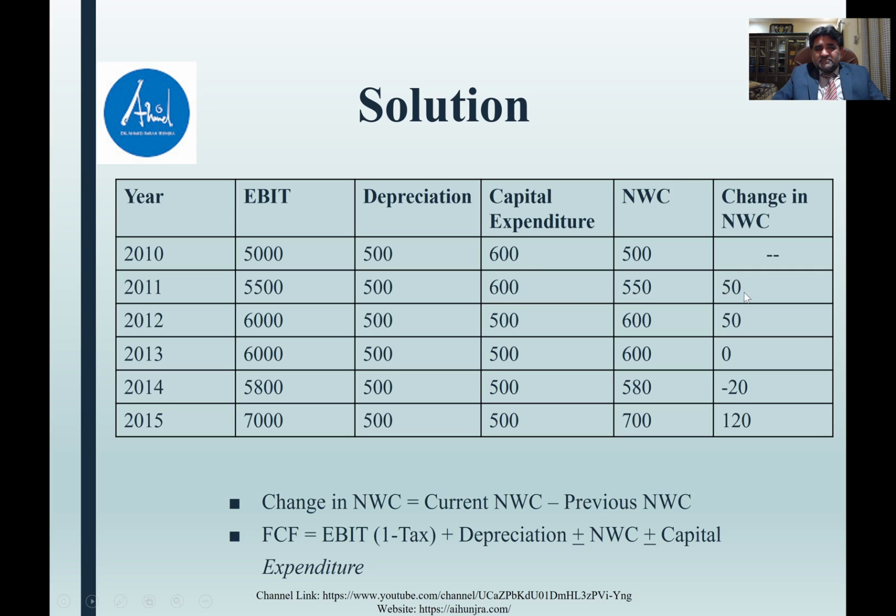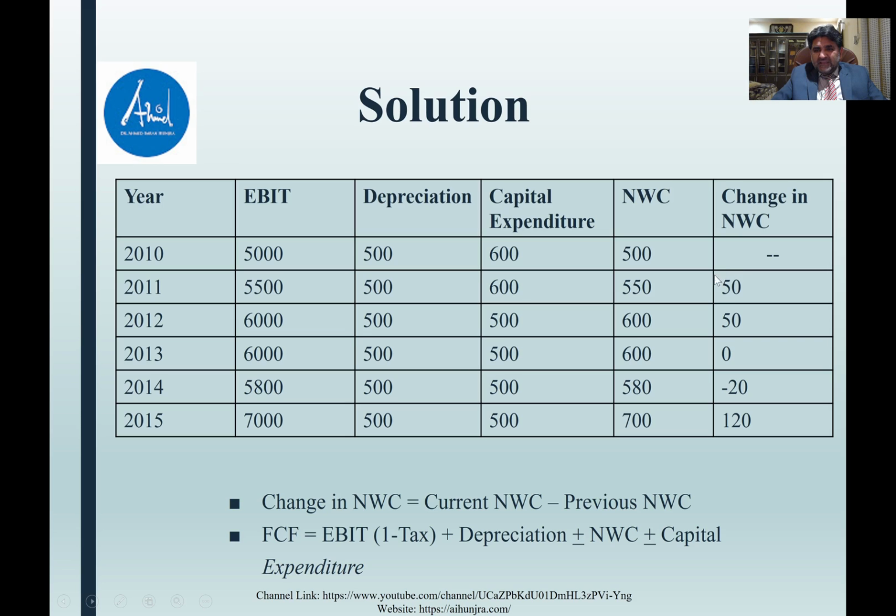If we look here, in 2011 the change in net working capital is positive 50. It means this 50 is the business requirement.